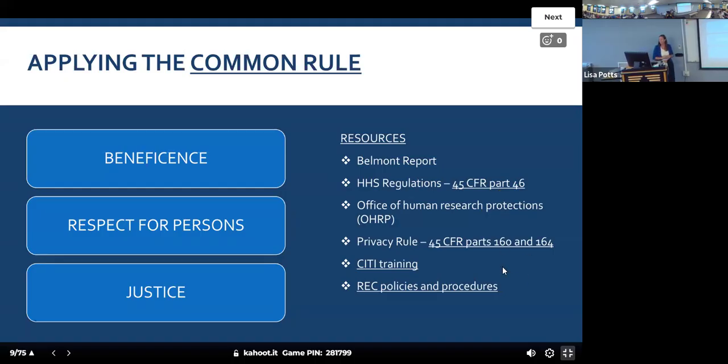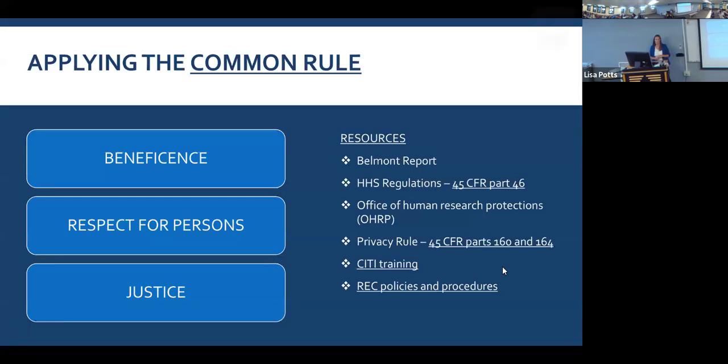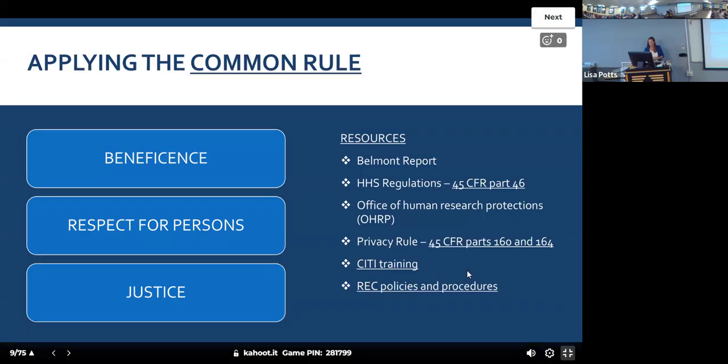Also, the HIPAA Privacy Rule is one that we have to look at and consider a lot of times, especially with records-based research, or if someone's wanting to access different types of information for their project. Also the link to CITI training, and then our policies and procedures. So there should be some helpful resources for you. And then I think this should be a live link too, that explains the Common Rule.